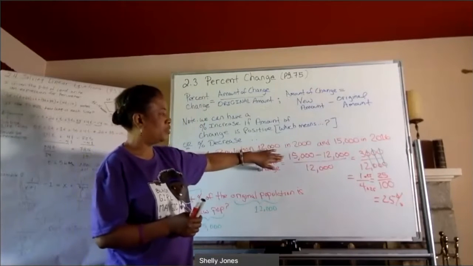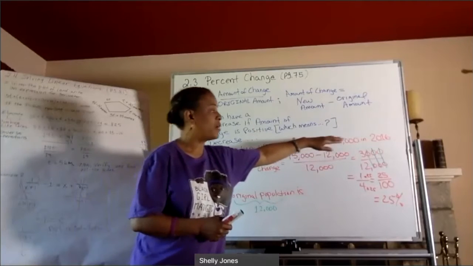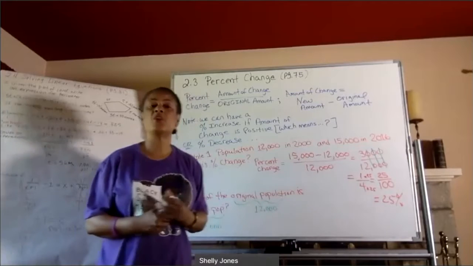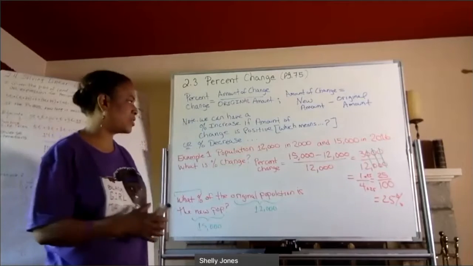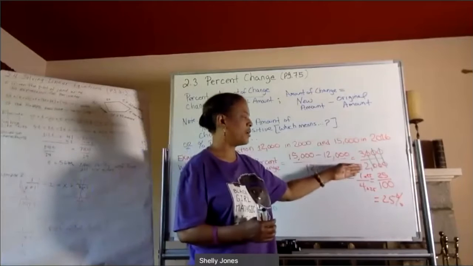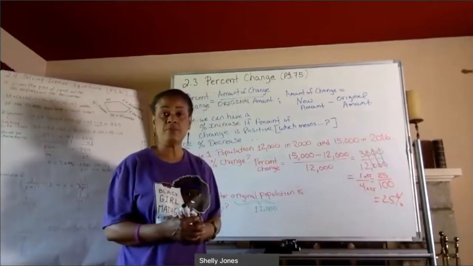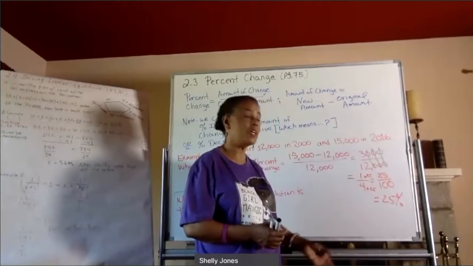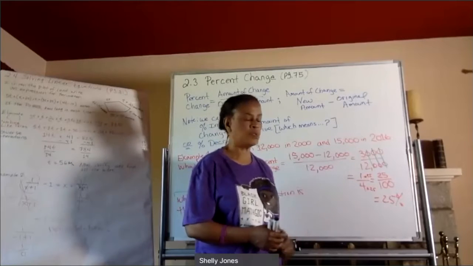The new amount was 15,000 minus 12,000, and that was 3,000 over the original amount. When you're doing percent change, always remember that the denominator is going to be your original amount. So for 3,000 over 12,000, I canceled out all of those factors of 10. The zeros are basically my factors of 10. I canceled those three out, and I ended up with 3/12.